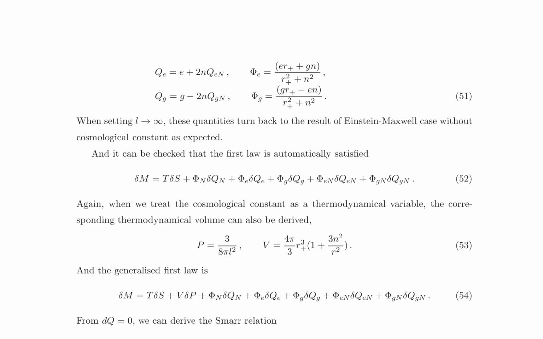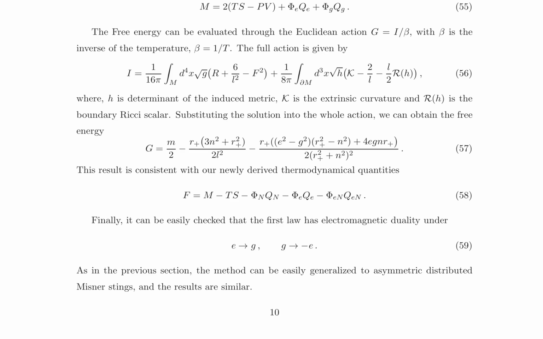The free energy G is evaluated through the Euclidean action, resulting in G equals m, 2r_plus 3n squared plus r_plus squared, 2l squared r_plus e squared g squared, r_plus squared n squared, plus 4 e g n r_plus 2 r_plus squared plus n squared, squared.